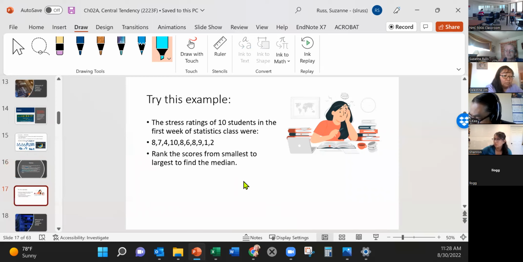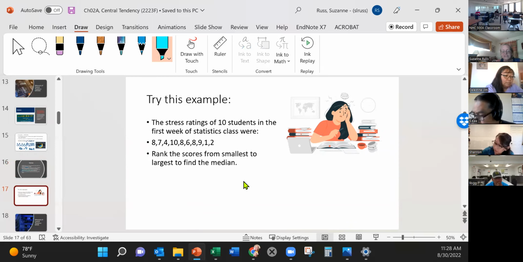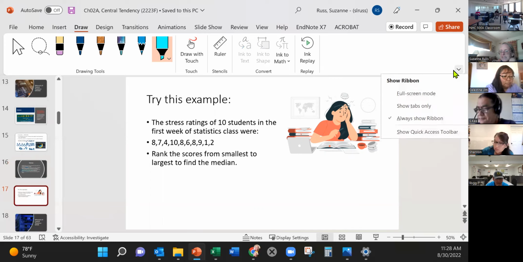So here are some scores. The stress ratings of 10 students in the first week of statistics class. I would like to ask each of you to find the median. When you come up with the answer, go ahead and submit it in the chat.